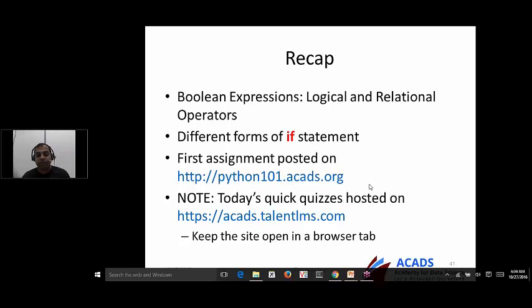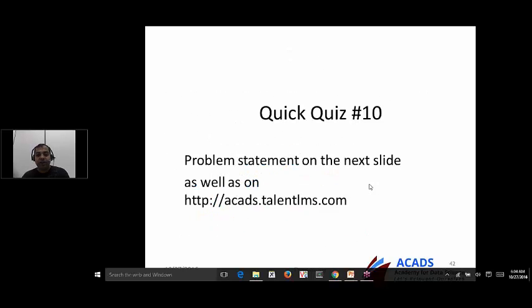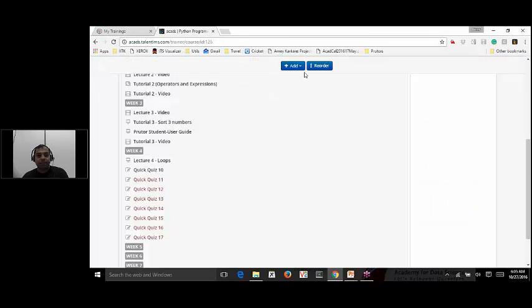If there are no questions, we will move forward and start with a quick quiz, the very first thing. Everyone please log into the acads.talentlms site. If you cannot, then I will also show you the quiz question here. Please post the answer through private chat. When you log into the Acads TalentLMS site, go to the Python programming course. There you will see quick quiz 10. Please click on that.